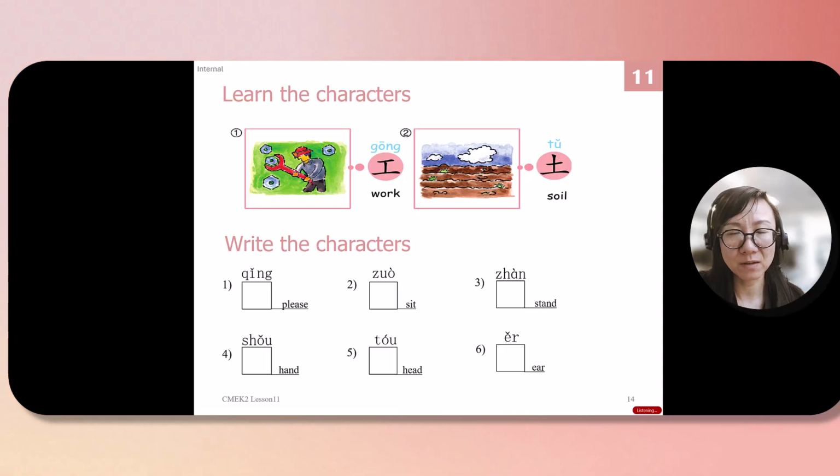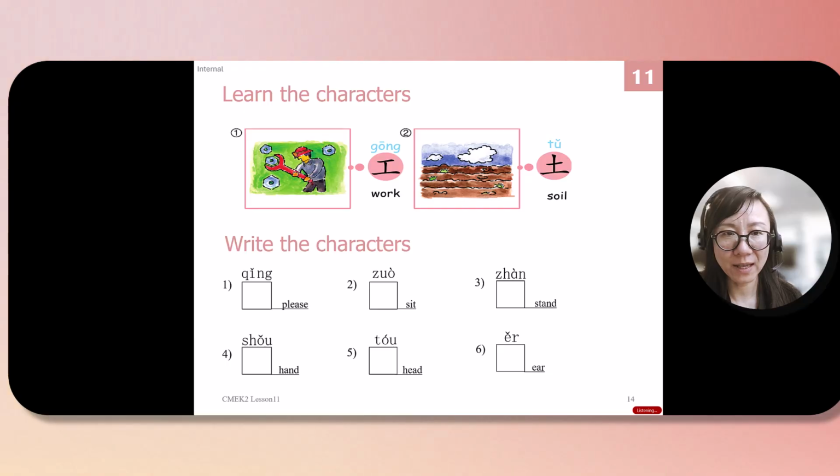So the phrase could be 坐下, 请坐下. Number 3 is 站, stand. So the verb phrase could be 站起来, 请站起来, 别站起来.